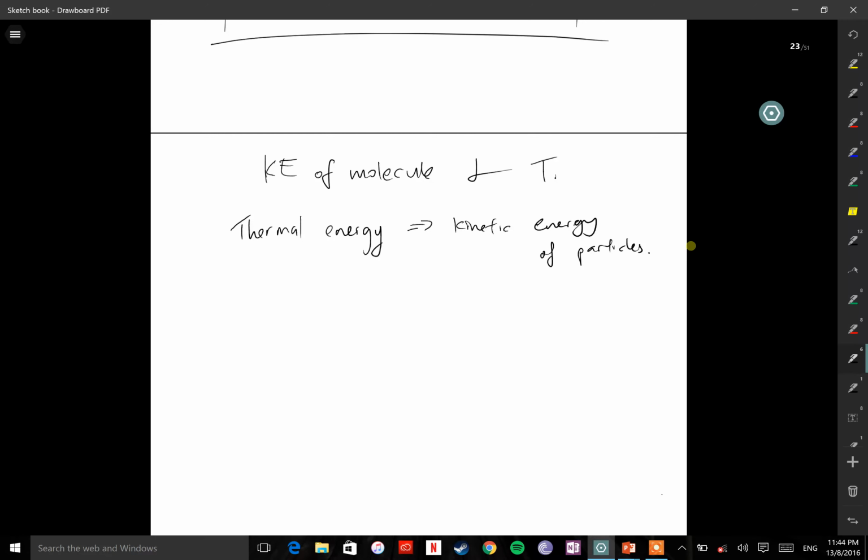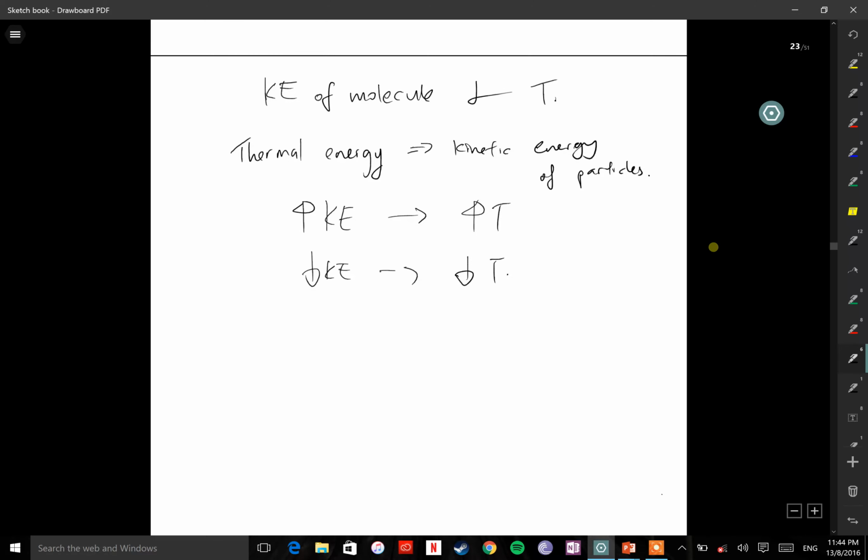The faster the particles move, the greater the thermal energy. So greater KE will lead to greater temperature, and lower KE will lead to lower temperature.